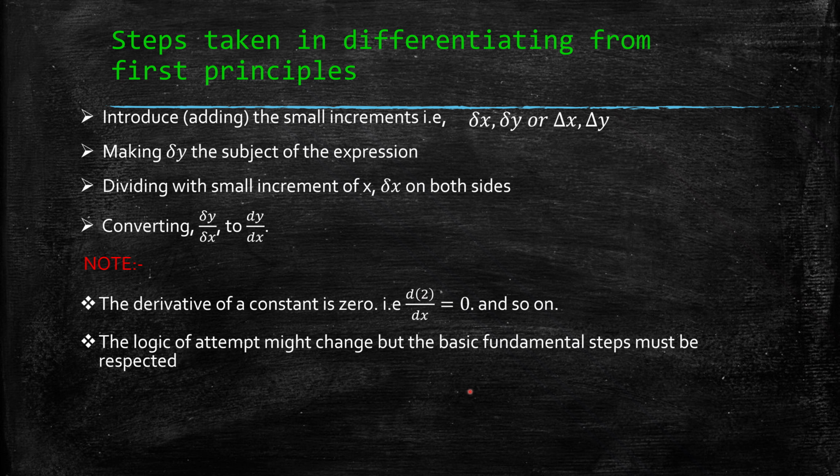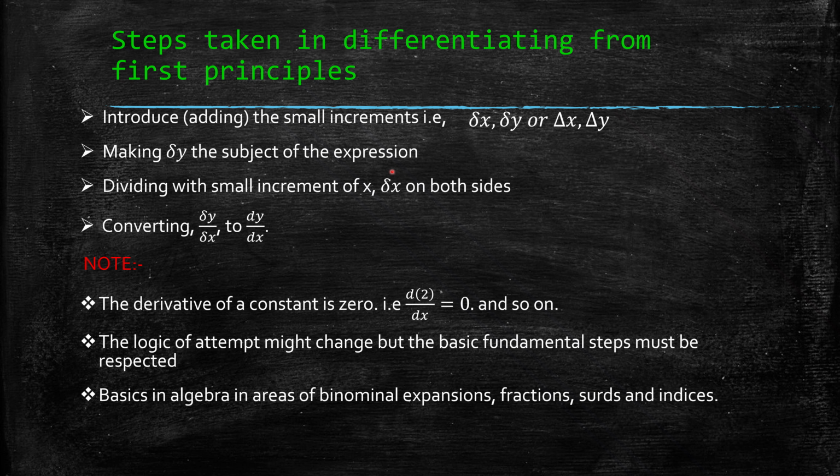Another thing you need to know is that the logic of attempt might change, but the basic fundamental steps must be respected. The logic might change due to the different functions that we deal with, but these are the key steps in order for us to achieve what we want in that particular number we are dealing with.